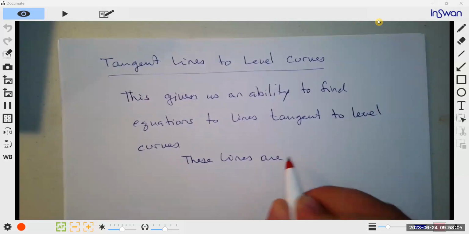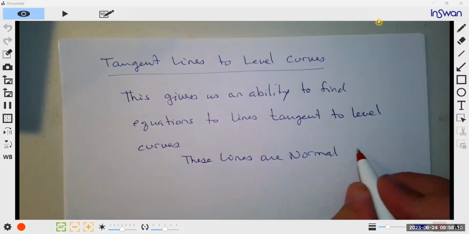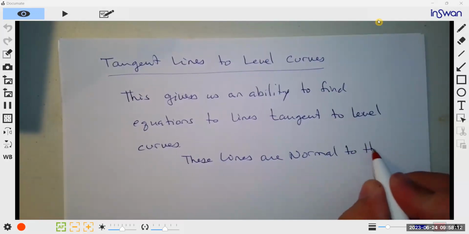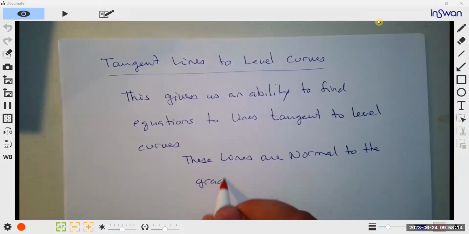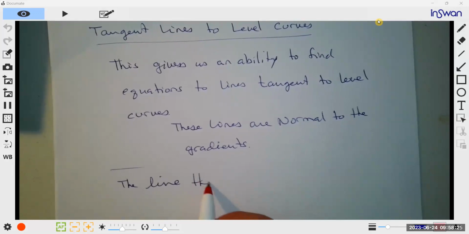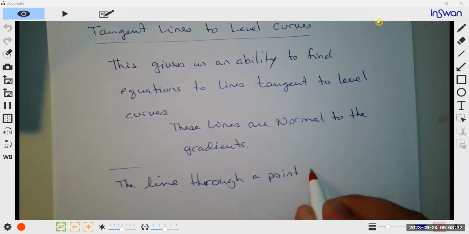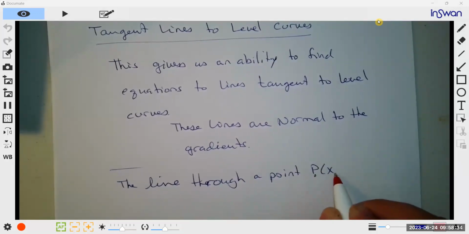These lines are normal to the gradients. The line through a point x sub 0, y sub 0.